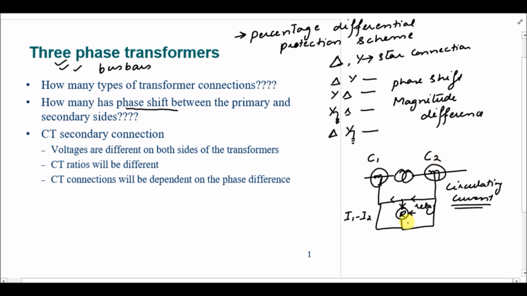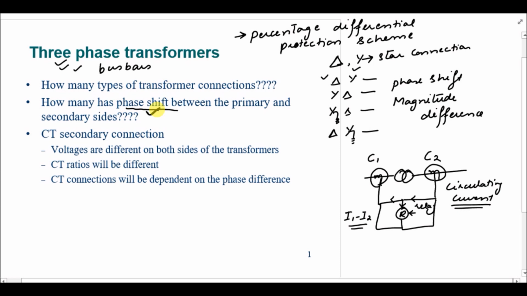In order to get the differential current accurately, we should have the same currents on primary as well as secondary that we have to compare. But in case of delta-Y connections, we have a phase shift between the currents, and now we have to tackle this problem.